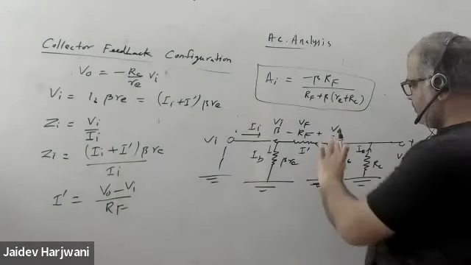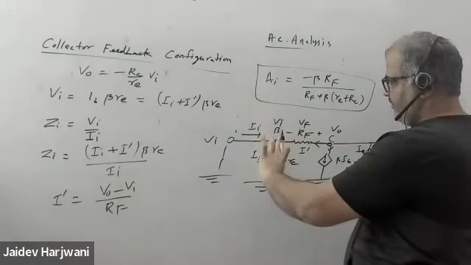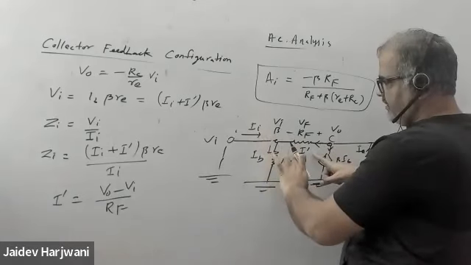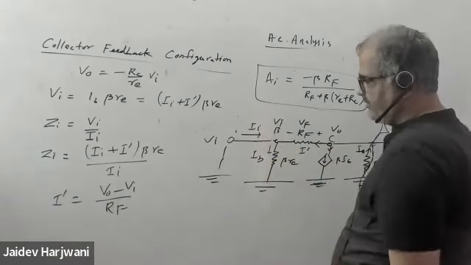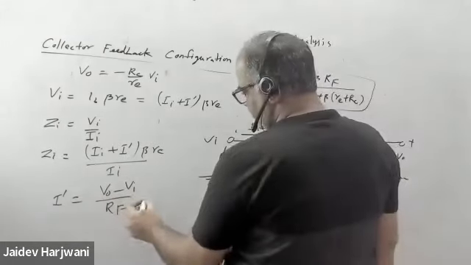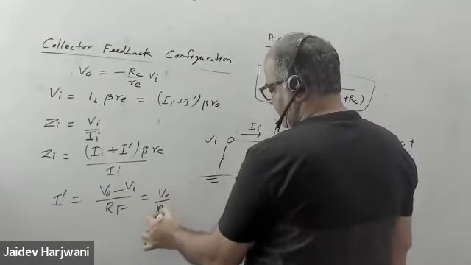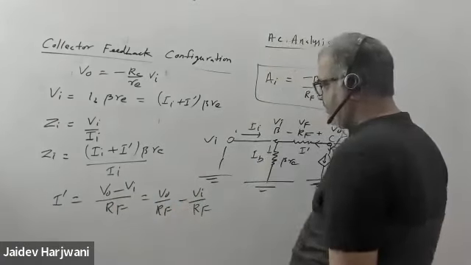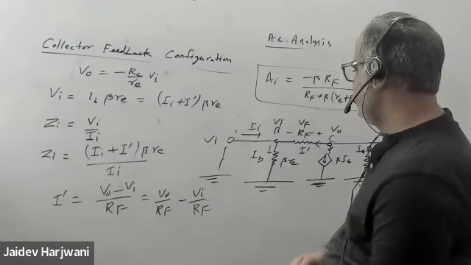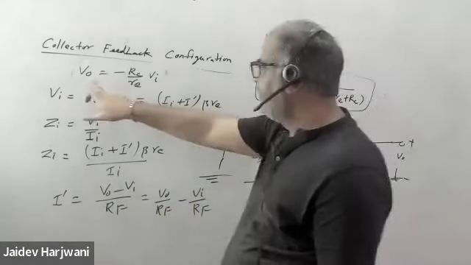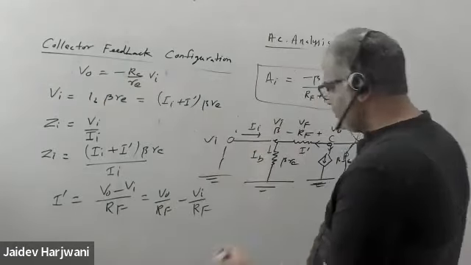Okay, so this is my V input, V naught, and the difference of these two nodes will give the current I dash. Now I already know V naught, so this will be V naught upon RF minus V input upon RF. And V naught value I already know in terms of V input, so I can put this value here.